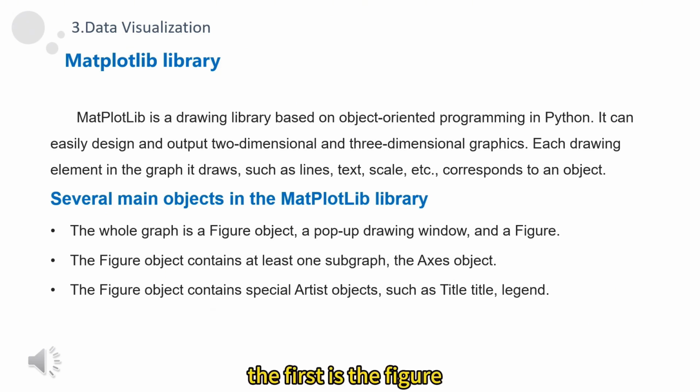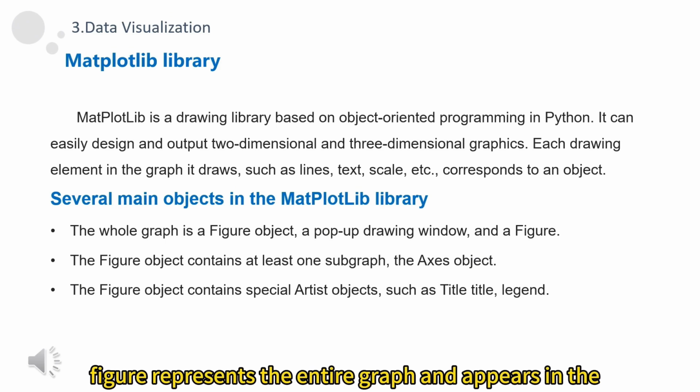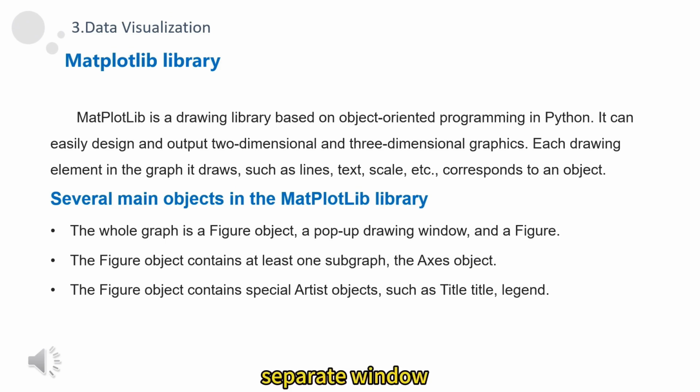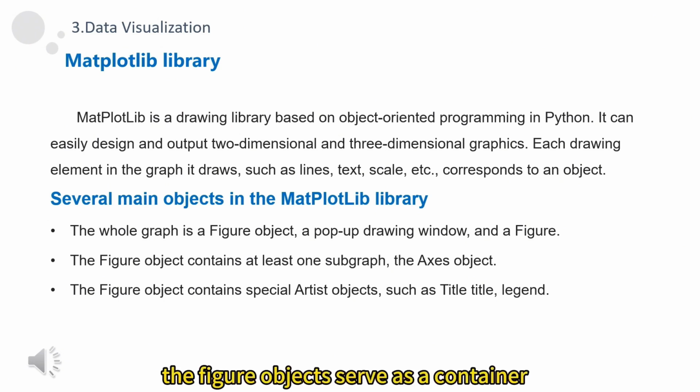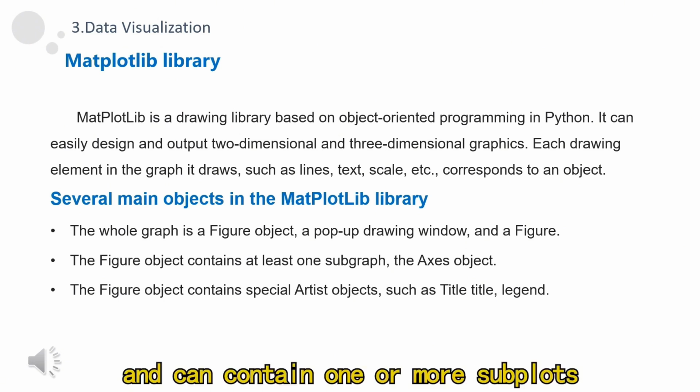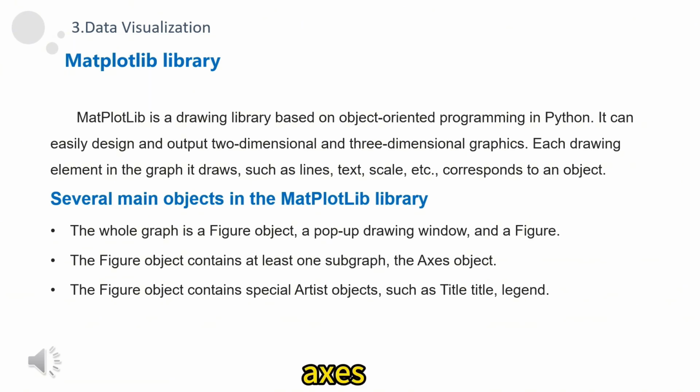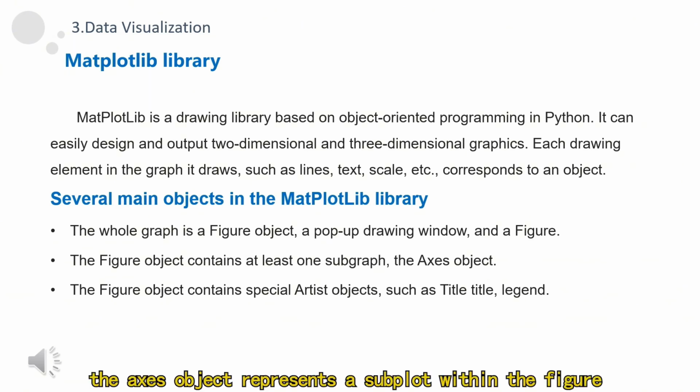The first is the figure. Figure represents the entire graph and appears in a separate window. The figure object serves as a container and can contain one or more subplots. Axis. The axis object represents a subplot within the figure.